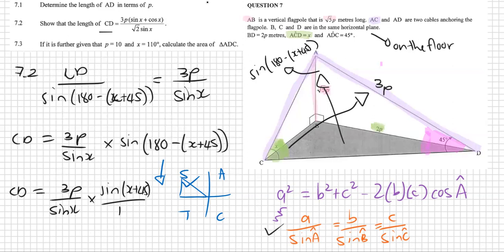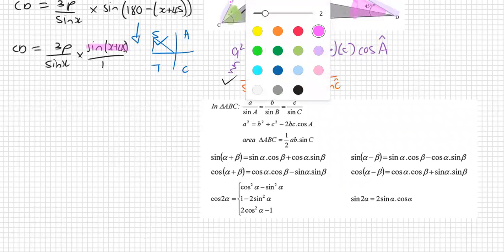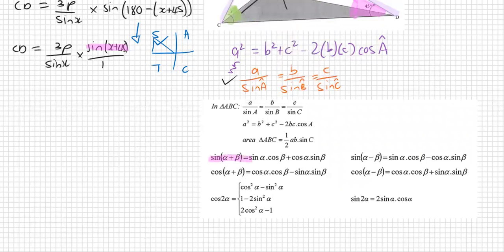At this stage, I always take a look at how the answer should look. And my answer doesn't look anything like that yet, but it's getting closer and closer. We've got the 3p there, but that's about it so far. So here I see a compound angle identity. Sine of A plus B, we have x plus 45. So make sure you copy it correctly.